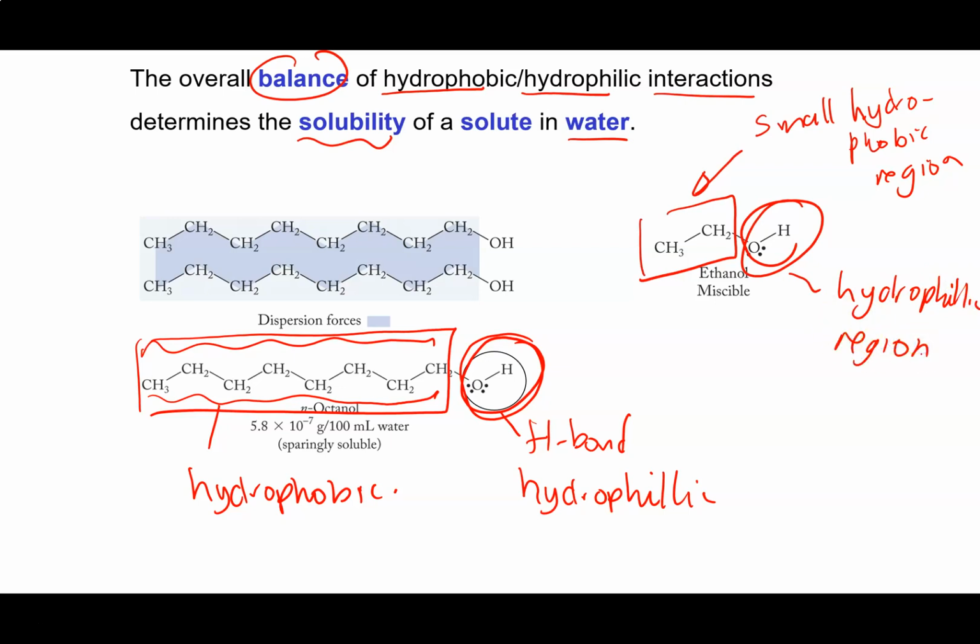So I would predict that ethanol has a much greater solubility in water than octanol, and that is the case. Ethanol can pretty much be dissolved in water to any extent, whereas octanol is very sparingly soluble in water.